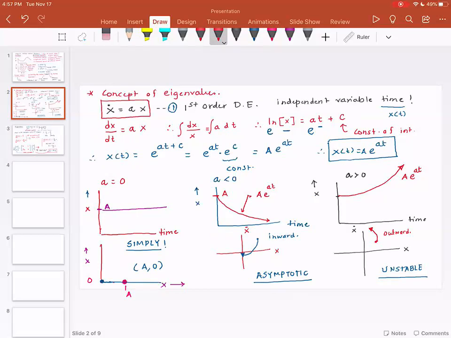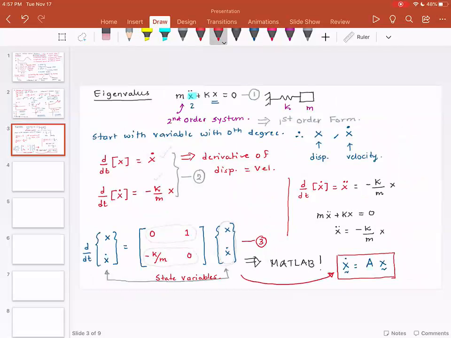The difference being the expression here is a scalar equation, which means X is just 1 by 1. A is just a number. But here, X with a tilde is a vector and A is a matrix. Now, even though we have a matrix, the solution process is actually almost similar.